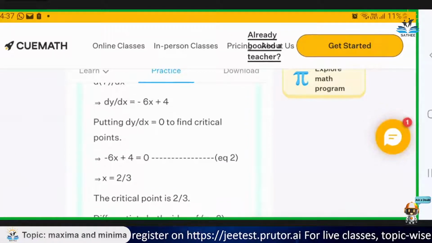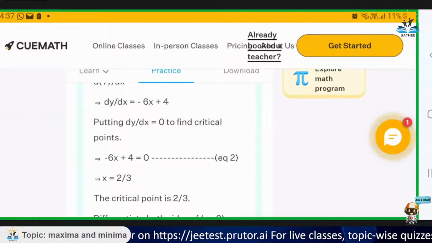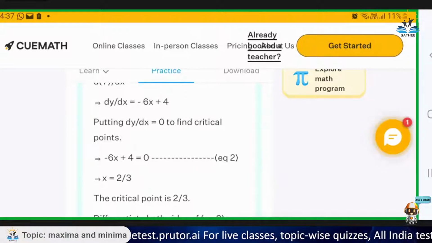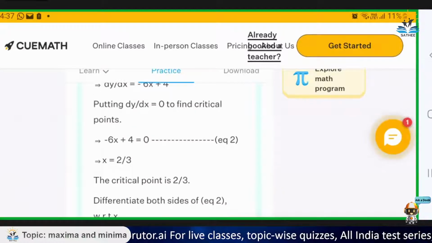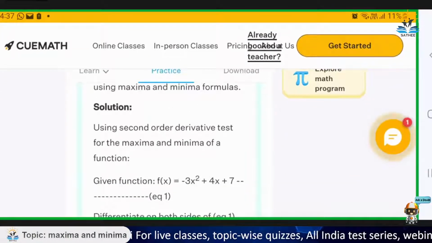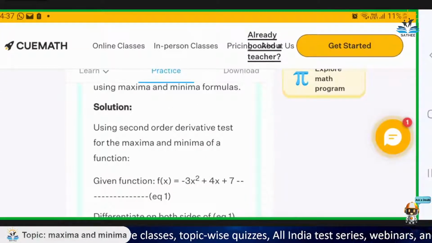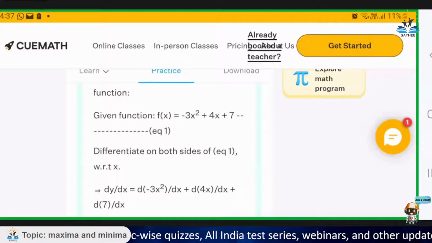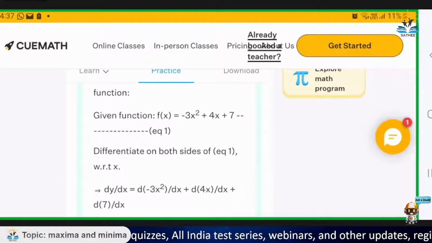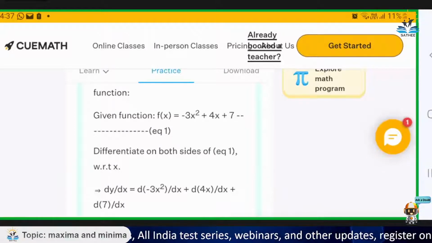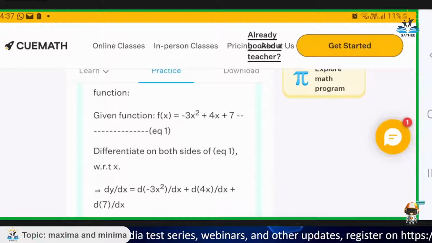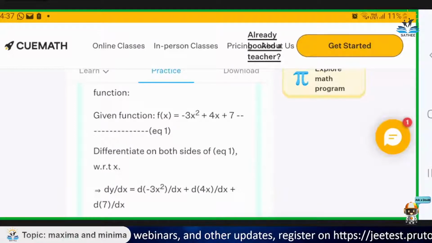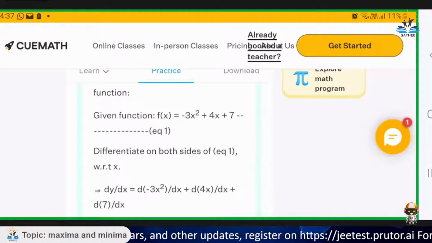So we know that this is the point of local maxima, since the double derivative is negative. Now we will put x is equal to 2 by 3 in f of x is equal to minus 3x square plus 4x plus 7. We get the value 25 by 3. So at x is equal to 2 by 3, we get the absolute maxima, and the maximum value is 25 by 3.